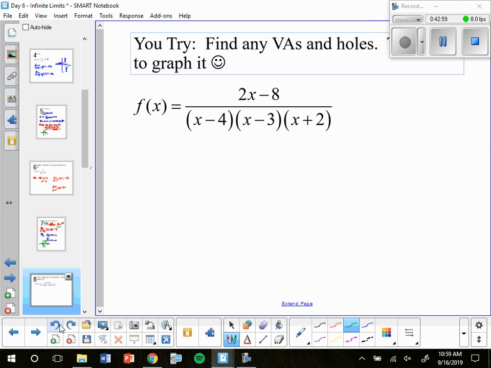So for your hole, it's definitely at 4. And then how do you figure out the limits we approach? Yeah, that should be right. We did it. Oh, yeah, your hole. No, your hole is at 4, because that's what makes it 0 over 0.